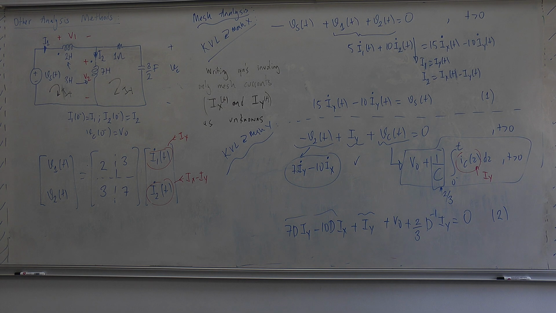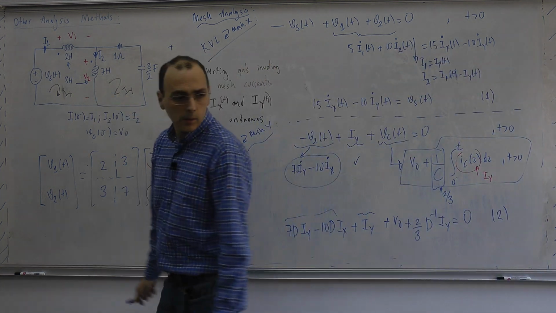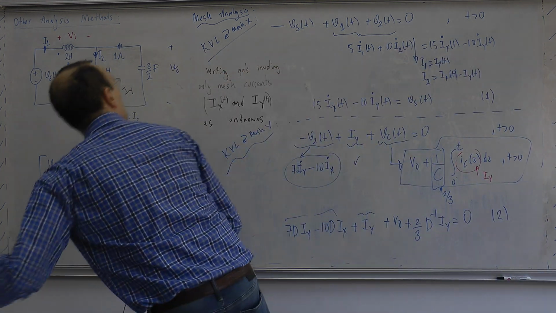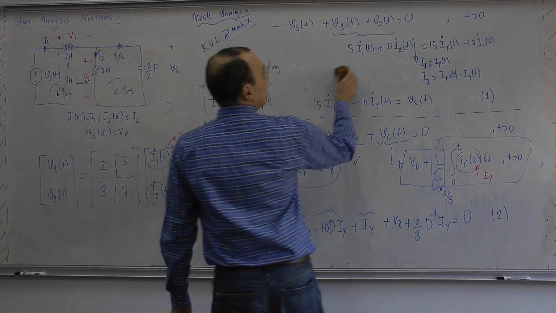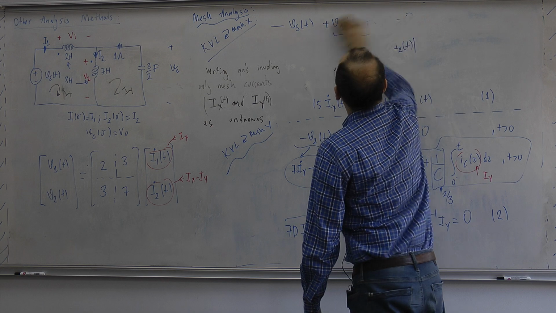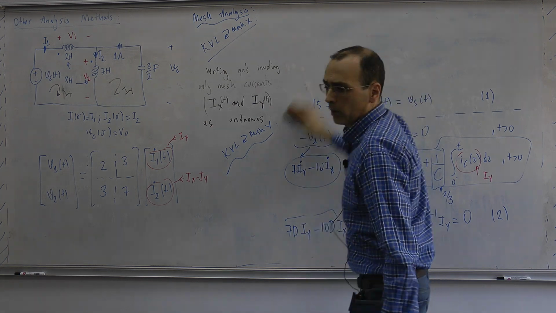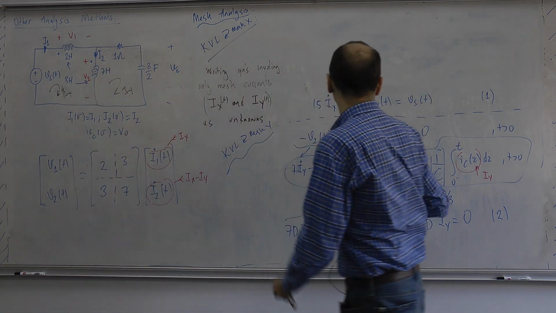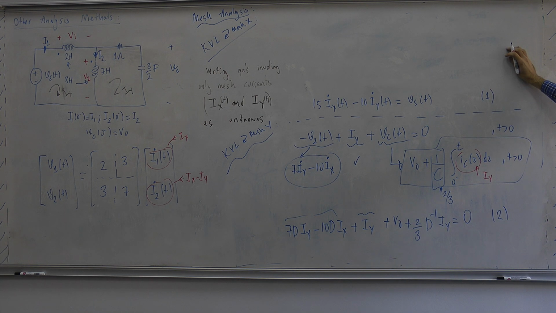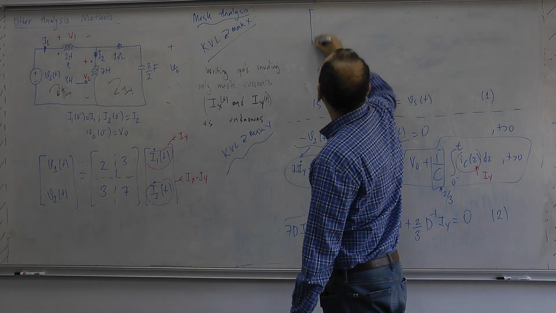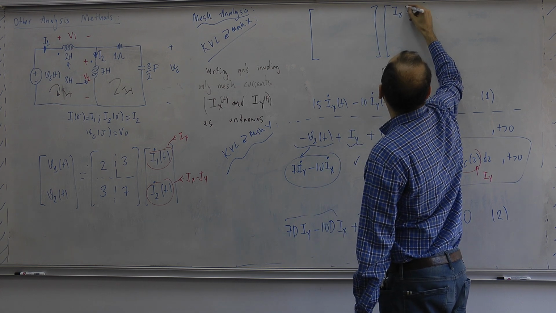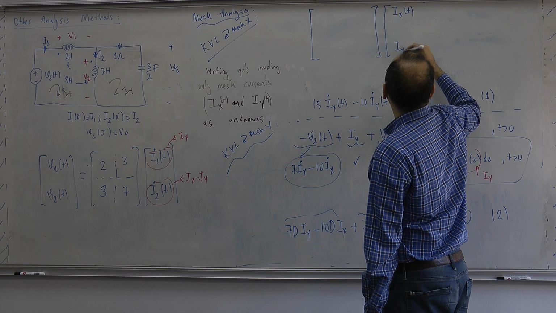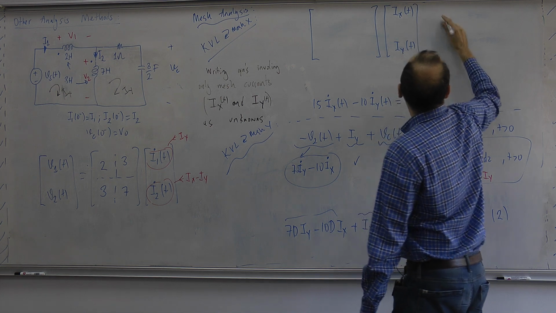So I have written two equations. You may say two unknowns, ix and iy, but this is a differential equation. So let's try to write this a little bit more carefully then. Let's use matrices for the compact writing of this equation system. So my unknowns, ix of t, iy of t.